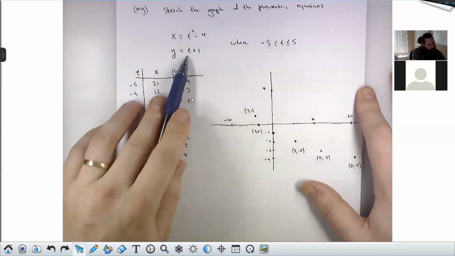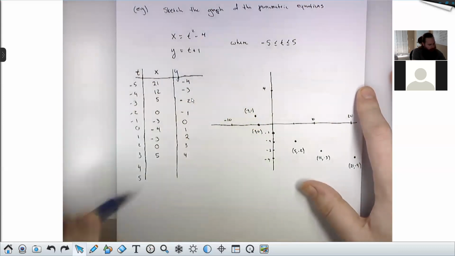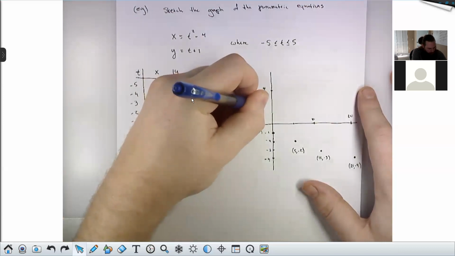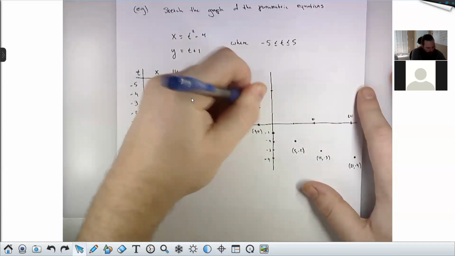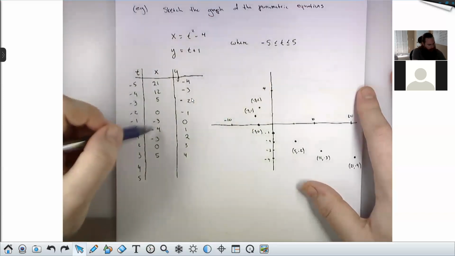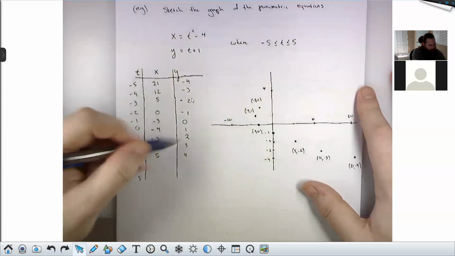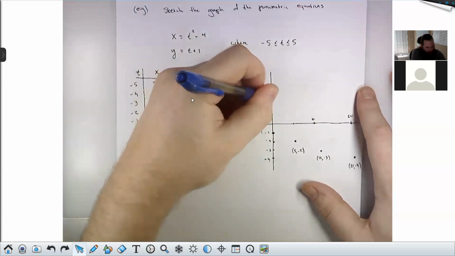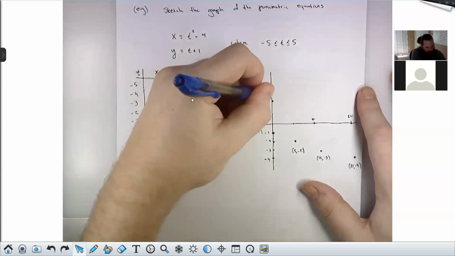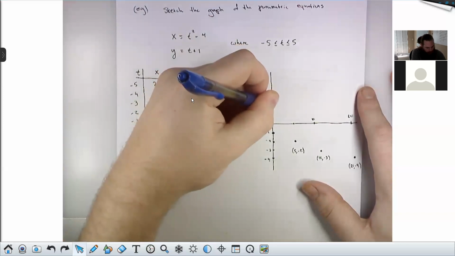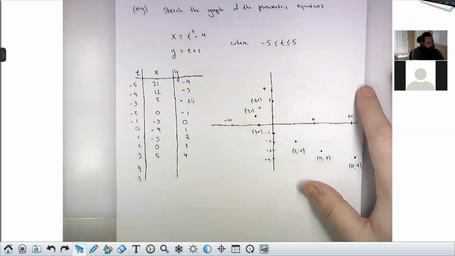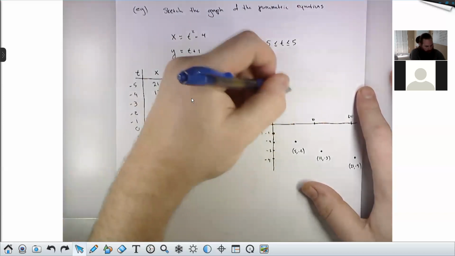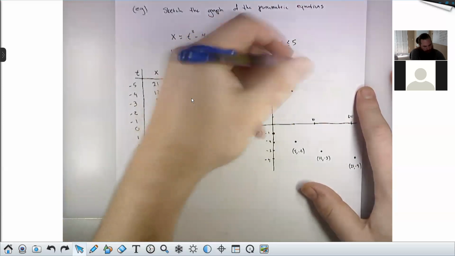Negative 3 comma, oh, negative 3 comma 2, sorry. So negative 3 comma 2 would be right here. That's this row. And then we had 0 comma 3. And then we had 5 comma 4. We're all the way back up there. So 5 comma 4 is right here.